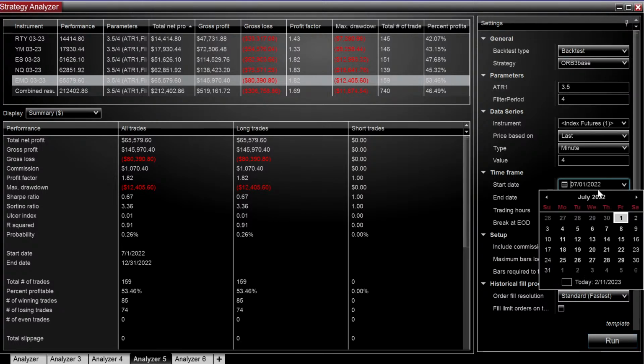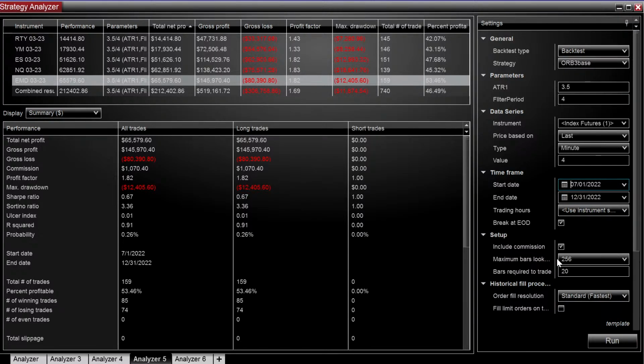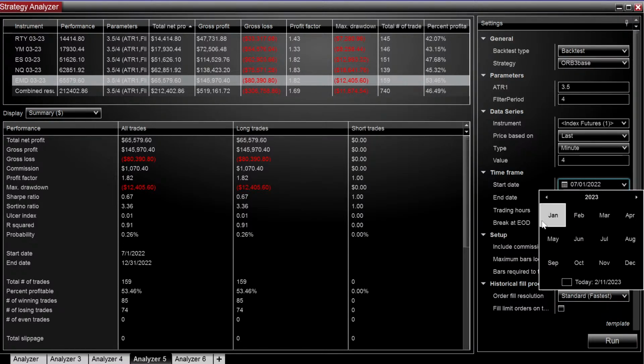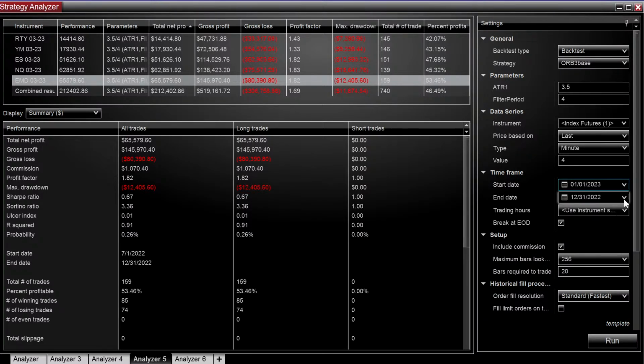So, just for fun, I did this yesterday. I don't think I did it live. But just a quick out of sample test for the indexes. We got the start of the year to today. And so this is completely out of sample data.